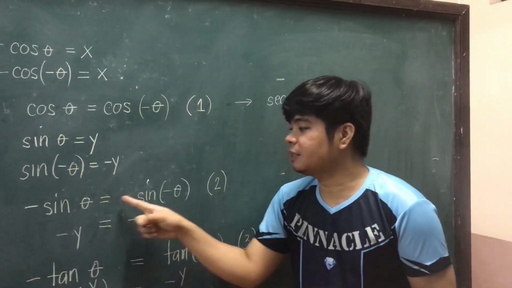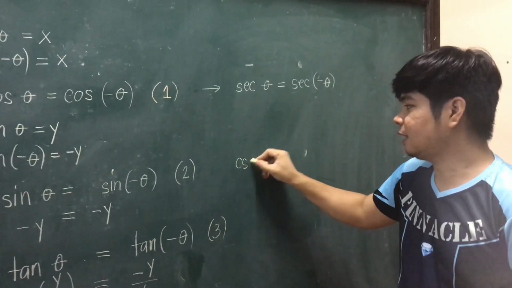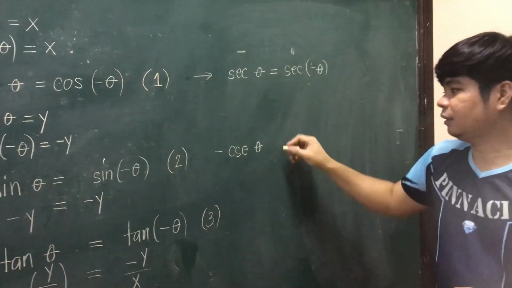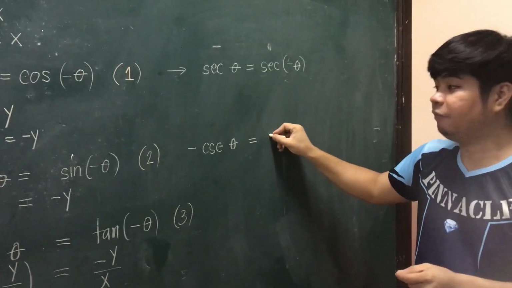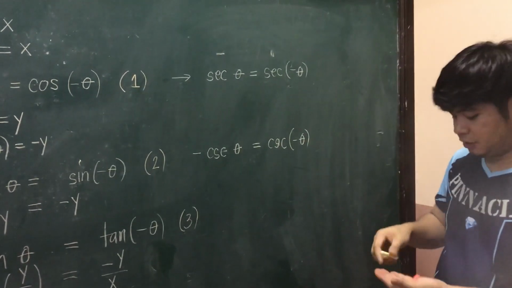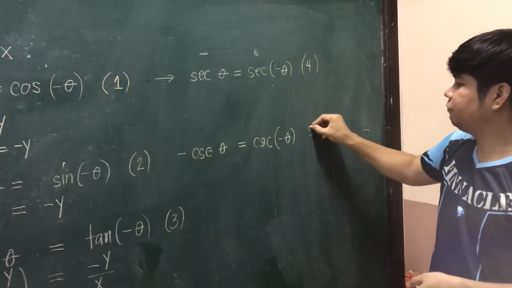Negative sine theta is equal to sine negative theta, which will also follow that negative cosecant theta will give you an equal value to cosecant of negative theta. So you see we already have the fourth and we have the fifth.